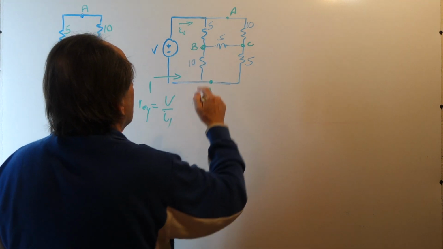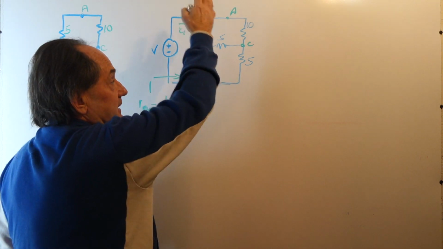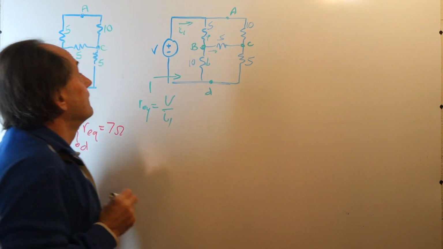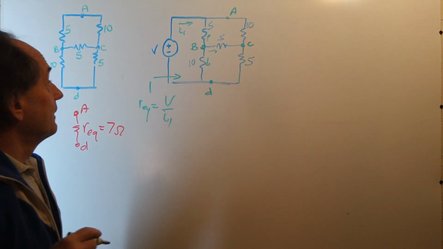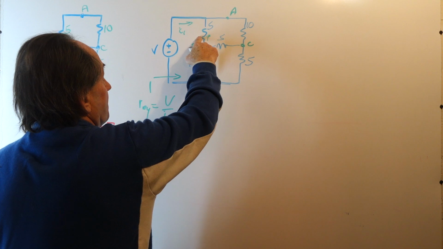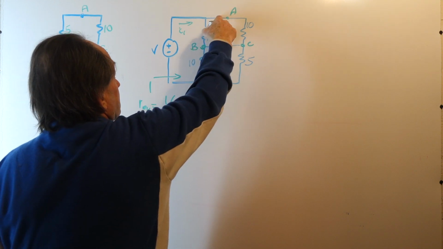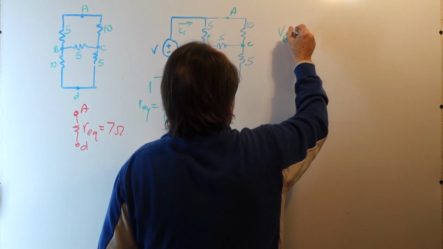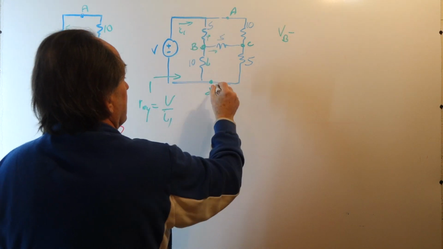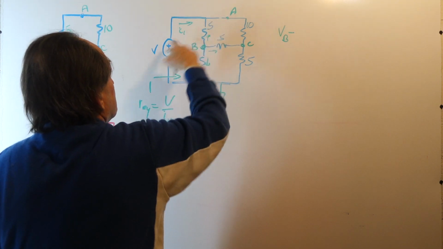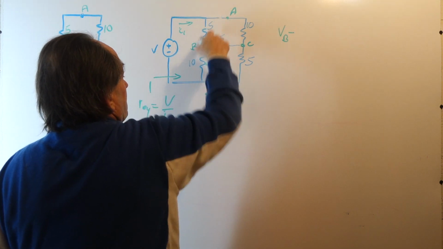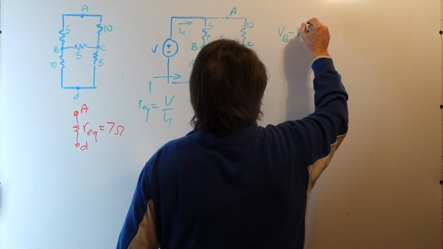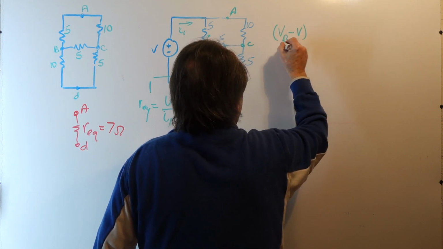So at node B, we will write currents leaving as positive. So there's going to be 3 currents leaving node B. Well, the current through resistor 5 is the voltage at B minus the voltage at A. So I'll write this as VB minus, well, what's the voltage at A? This is our reference node, so voltage at A is just the voltage between A and the reference node, which is V. So we have VB minus V divided by 5.